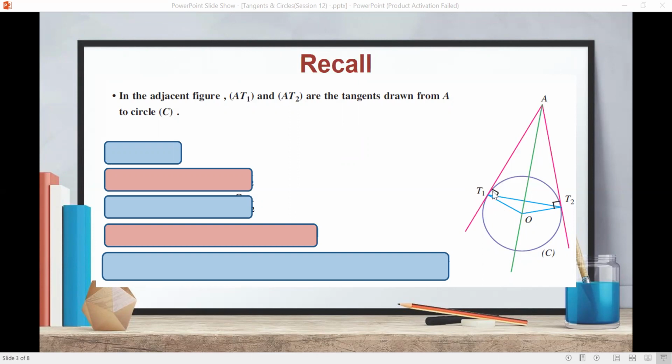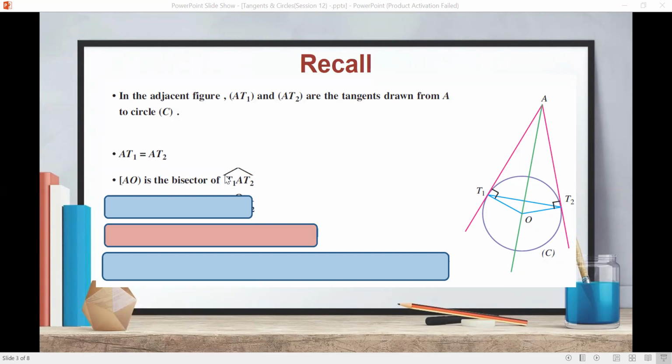T1 is the first point of tangency, T2 is the second point of tangency. What properties can be concluded? The first property, AT1 equals AT2, because two tangents issued from the same point to the same circle are equal.